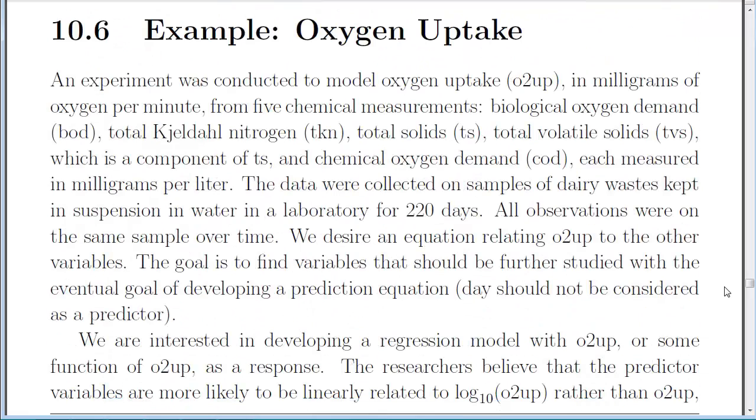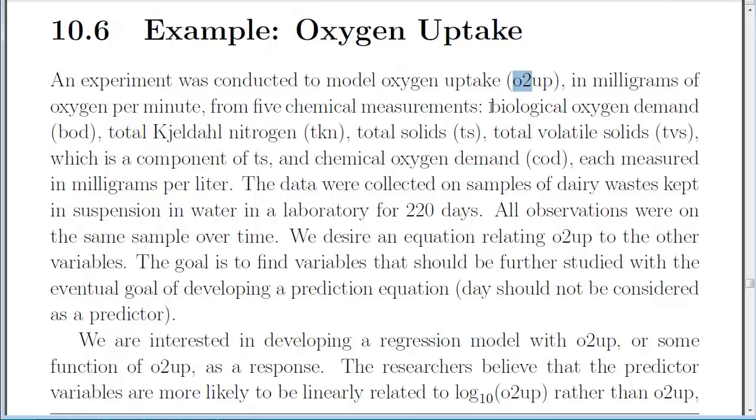All right. Let's look at one more example. Oxygen uptake. An experiment was conducted to model oxygen uptake. O2 up is the response variable, in milligrams of oxygen per minute, from 5 chemical measurements.